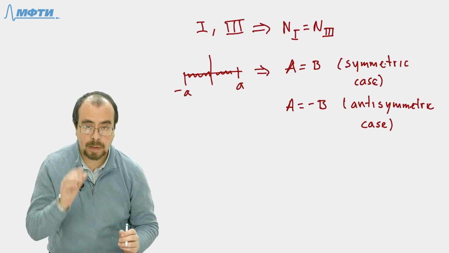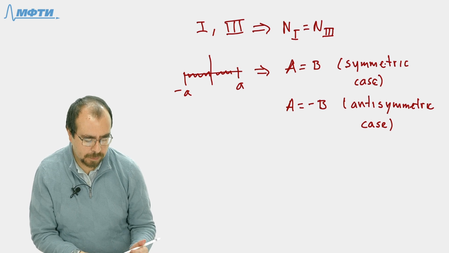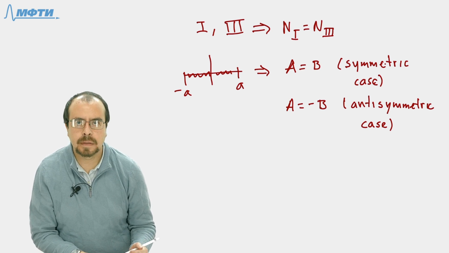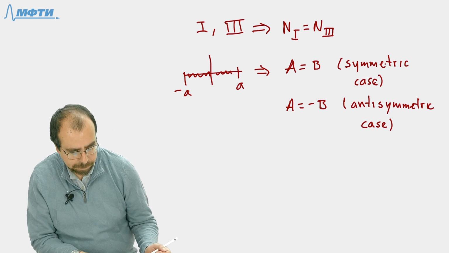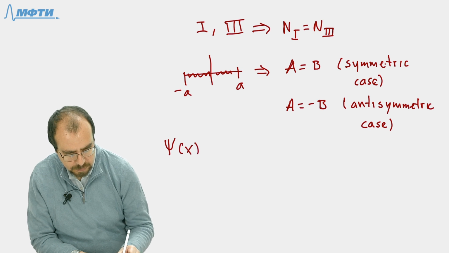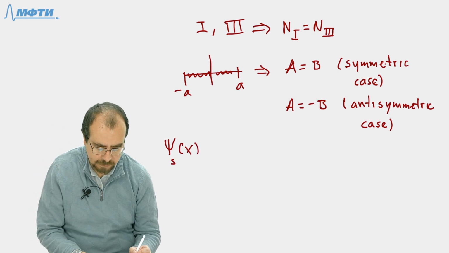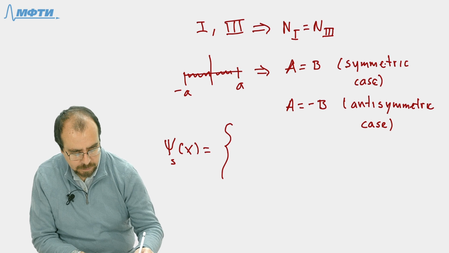Okay. So, well, in principle, if we take into account this, then our psi of x will be either symmetrical. We will have psi of x subindex s for the symmetrical, and we will have the following.